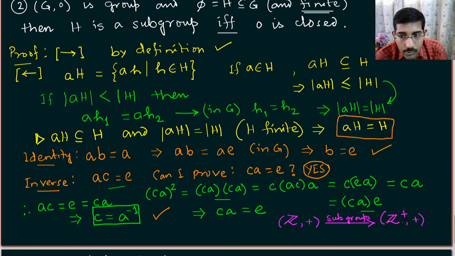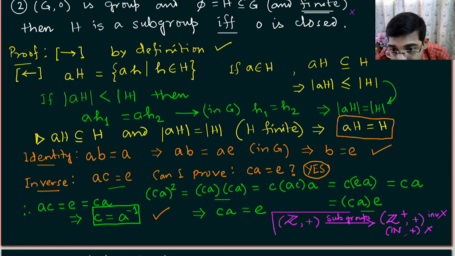This is not a subgroup of this, because for the positive integers with respect to plus, inverse doesn't exist. I do not have inverse. A similar thing happens for the natural numbers with respect to plus, so this is not a group. This happens because I have eliminated the finiteness. So by example, I can visualize why that particular definition is very much required.